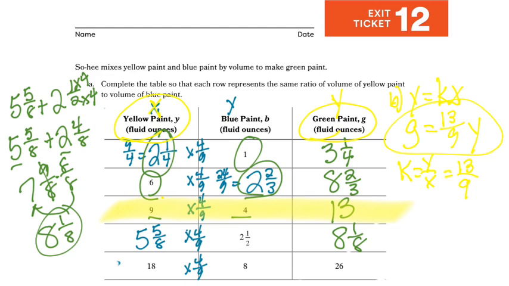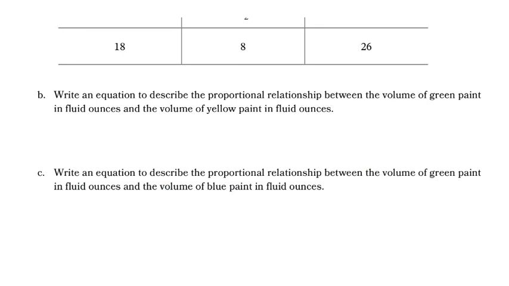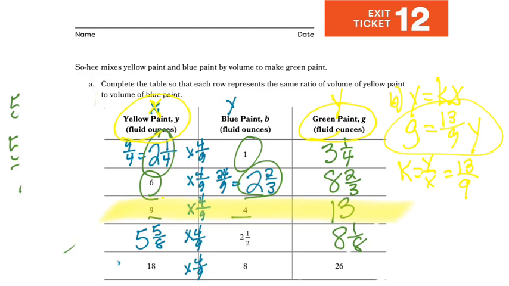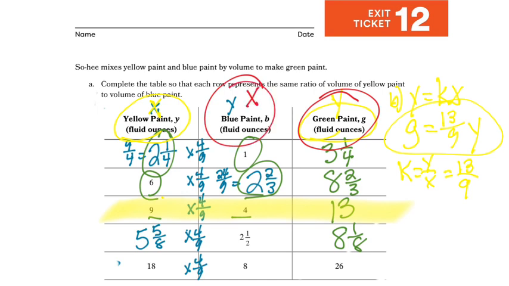For the next equation, it says to talk about green paint and blue paint. So it's green paint, blue paint. Blue paint comes first. That's our X now, so it's no longer a Y. And this stays our Y. So Y is equal to KX.